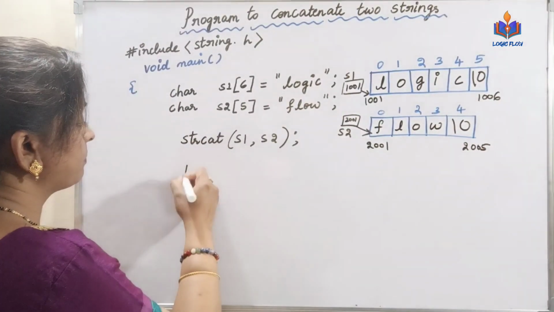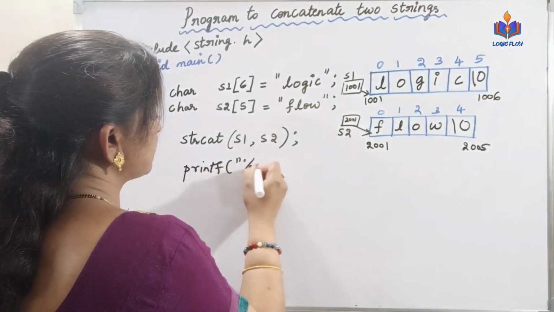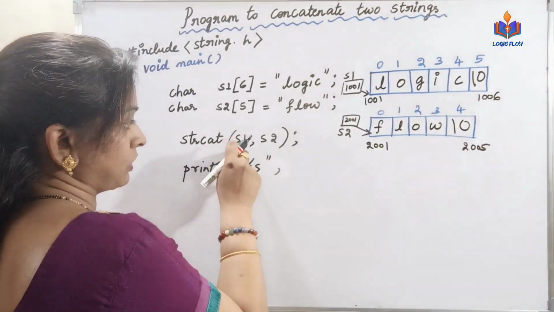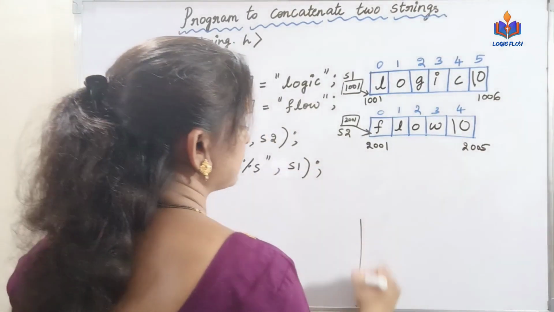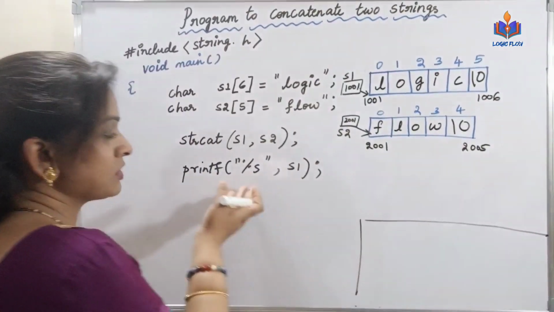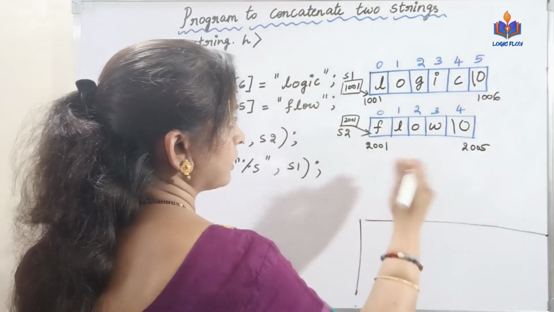And I'll say printf %s, print S1, because this is the destination. So I'm going to get the output here. You can just have some valid message: the concatenated string is, print S1, meaning the combined characters.